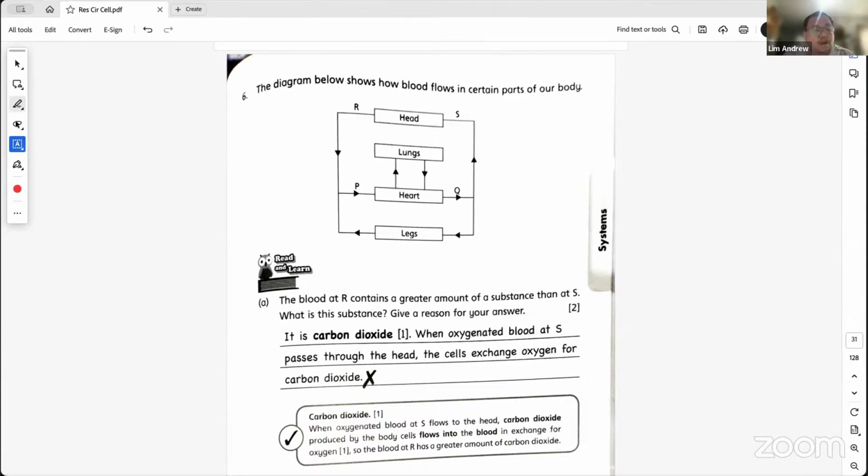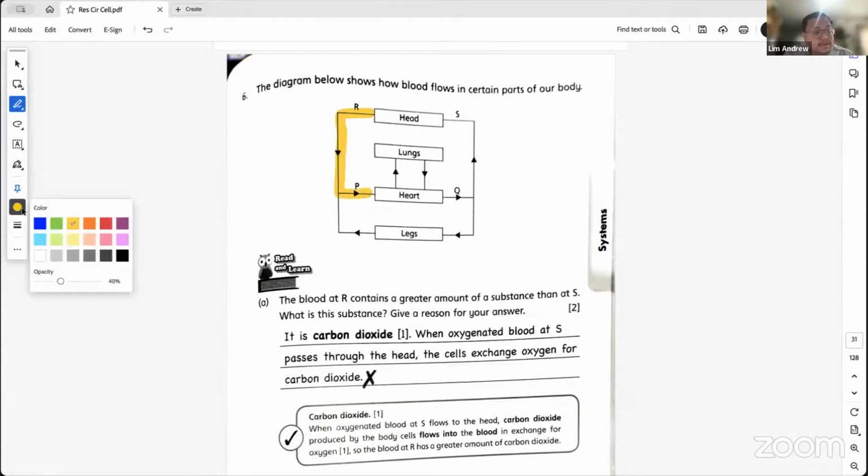Let's find out where is R, where is S. So we know that R is from the head to the heart. Now, where is S? S is from the heart to the head.